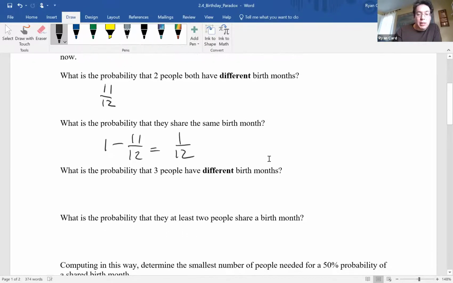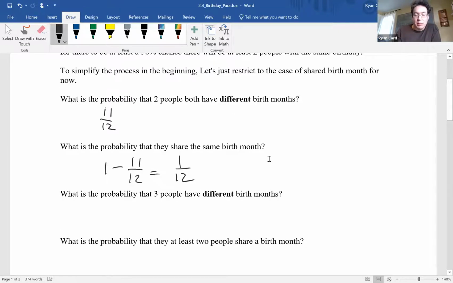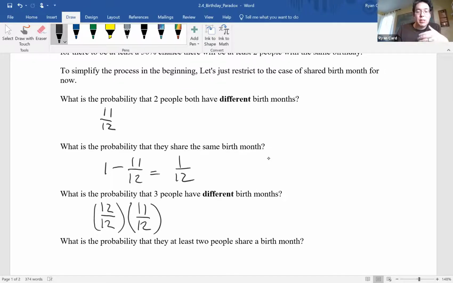Now the probability that three people have different birth months. For this, it's easy to think in steps. The first person has his own birth month, and he can't share it with anybody else because there's only one person. Because the first person took 1 month away, the probability that the second person doesn't double up is 11 out of 12.